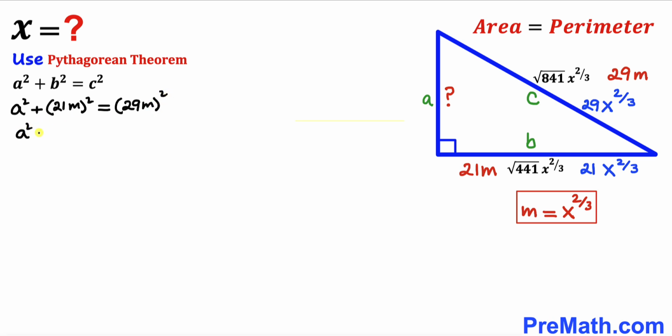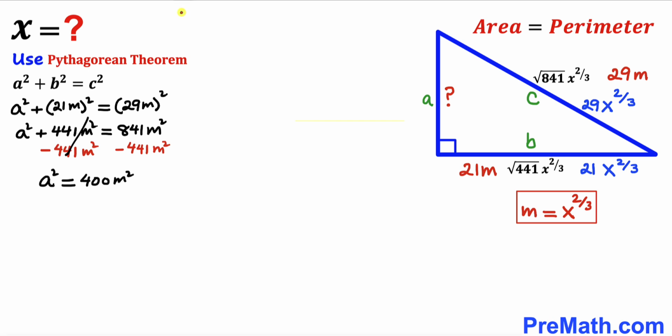A square plus 441 m square equals 841 m square. Let's subtract 441 m square from both sides. So a square turns out to be equal to 400 m square.